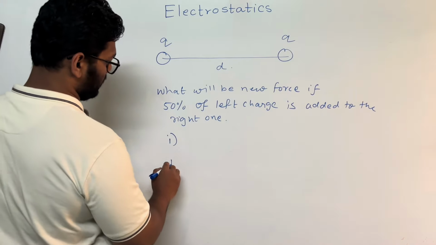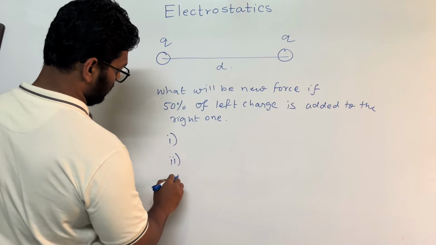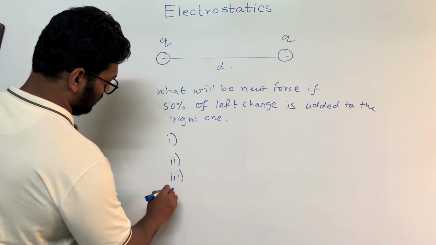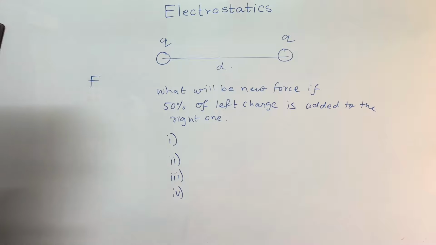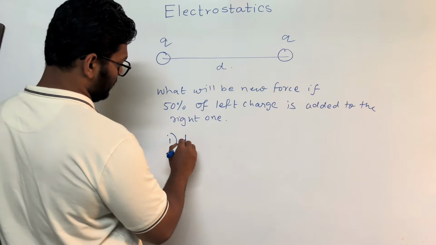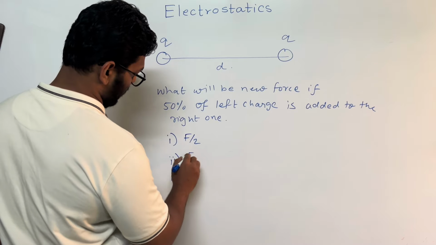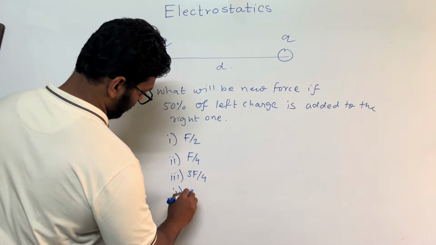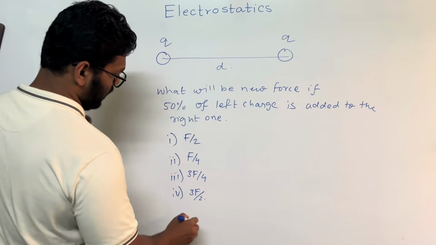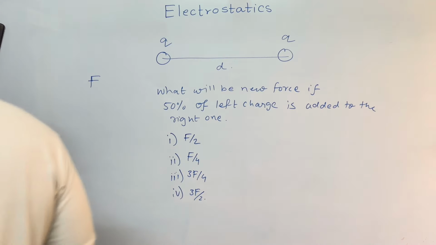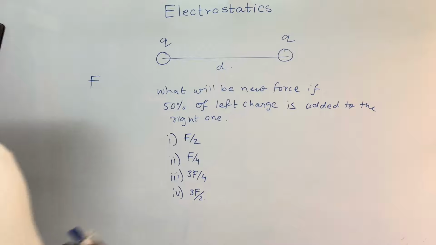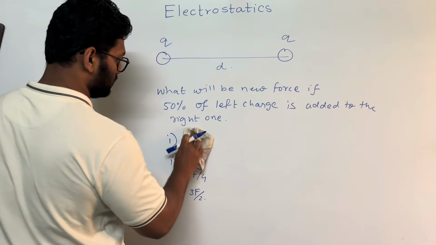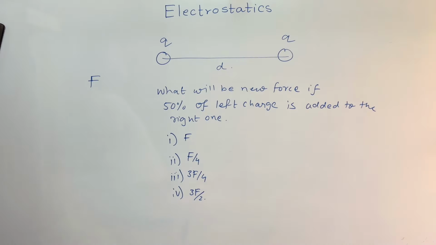The options are: 1 is F, F by 2, F by 4, 3F by 4, 3F by 2. Okay, let's do this question.